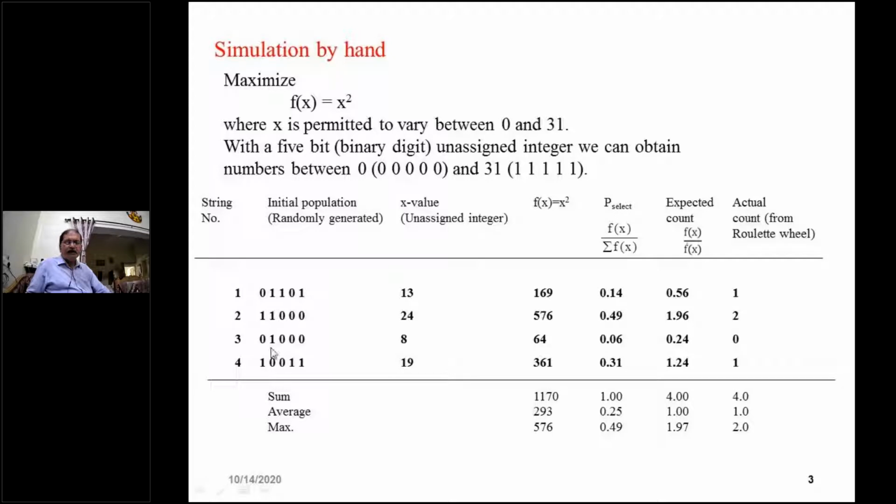Then the third is one of the worst population members, so that is not to be taken to the next generation. And the fourth string is to be taken 1 copy. So in total 4, the population size is to be maintained. When you are copying, you have to look that the same population size must be copied to the next generation.